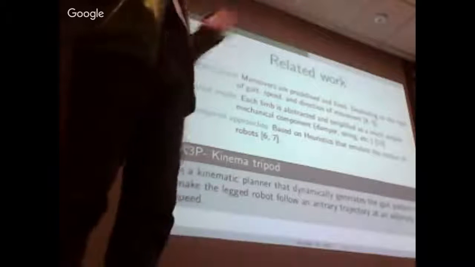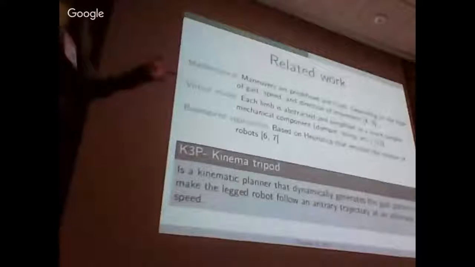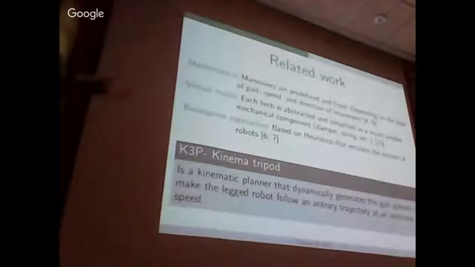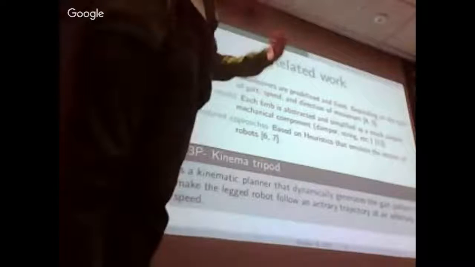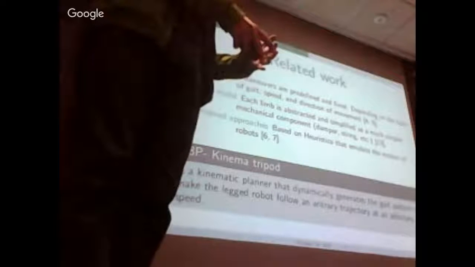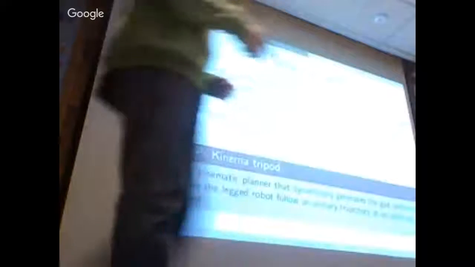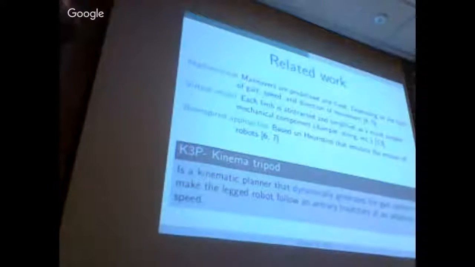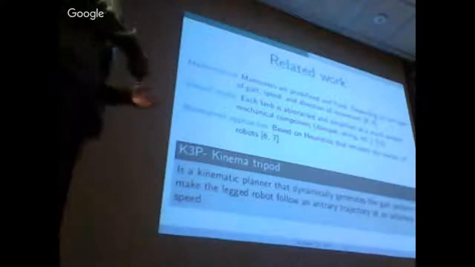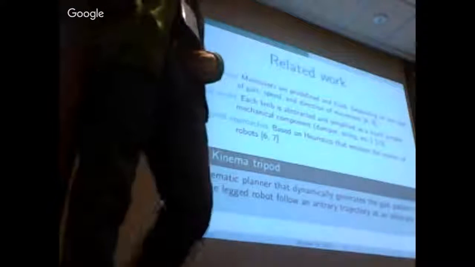And there are also the virtual model approaches, where they forget about the complexity of the leg and instead use a spring or damper to describe how the leg performs. And there are also bio-inspired approaches based on heuristics that emulate the motion of animals.